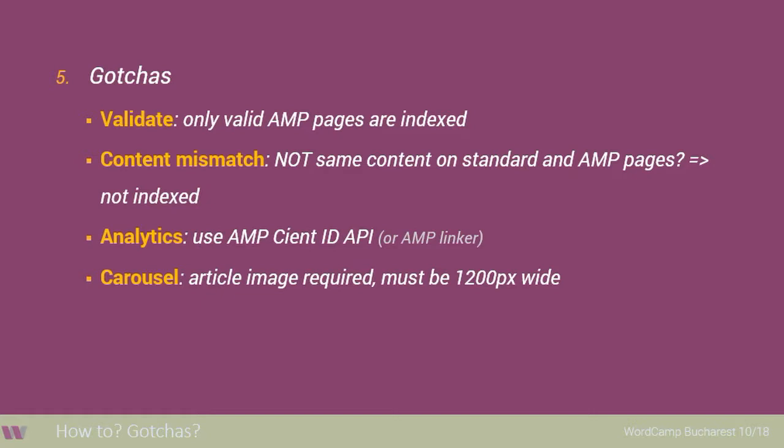The two types of pages must share basically the same content. If not, then Google in particular, and Bing at least as well, are simply going to drop your AMP pages from the index and not use them at all. So you're going to be wasting your time again.